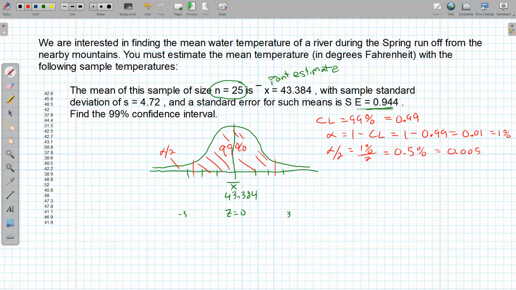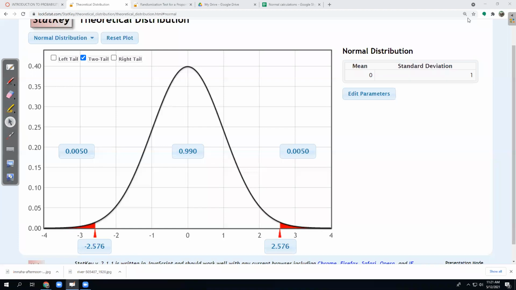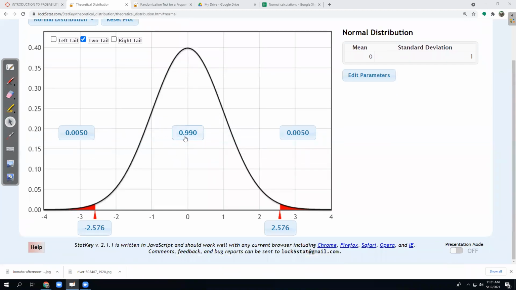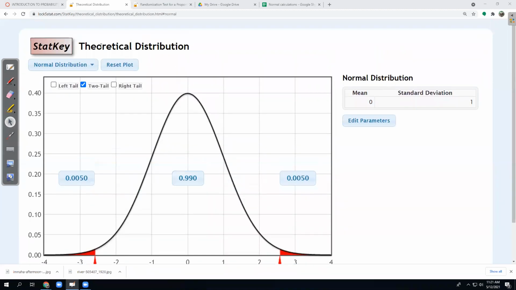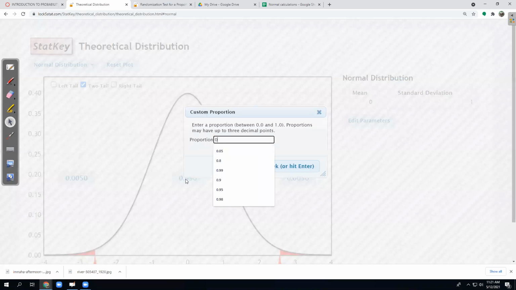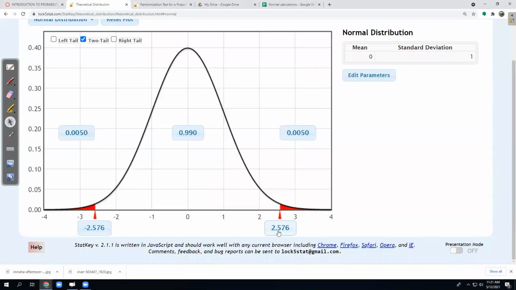Now, StatKey, to find the correct z-score to go here, that's what I need next for my formula, I just go to StatKey and I say, hey, I want 99% in the middle. I'm on the theoretical normal distribution here. I just put 99 there, 0.99 as a decimal. StatKey says, okay, your critical z-score is 2.576.